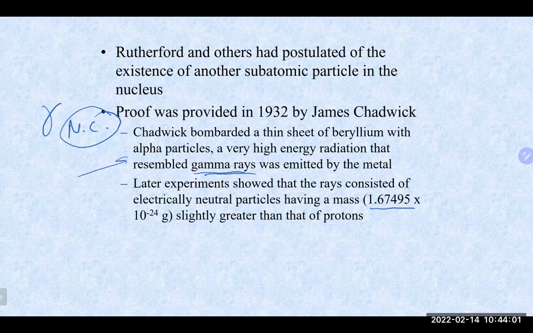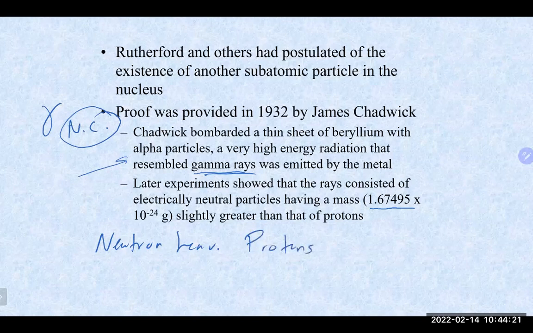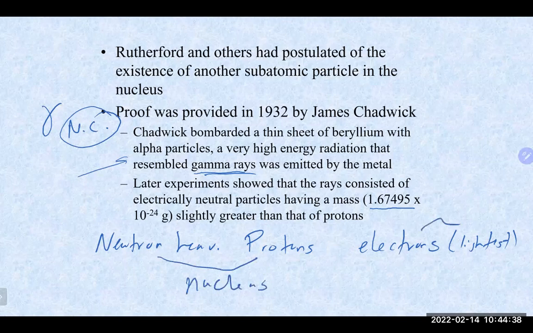Of the subatomic particles, it is actually the neutrons that are the heaviest, followed really closely by the protons, and then the electrons, which are the lightest of all three by about 1,800 times. Obviously, as we've talked about, these are located in the nucleus, and the electrons are moving out from the nucleus.